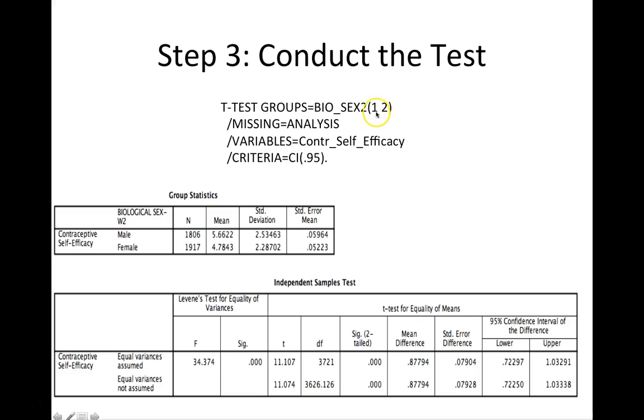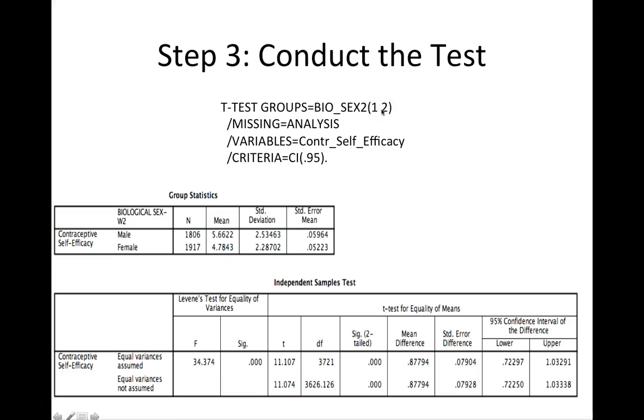In this case, males are 1, females are 2, so you just want to tell it that the groups that we're looking at are 1 and 2. And then we want to tell it what variable that is, and we're using a 95% confidence interval. This is all standard to the t-test, so really all you have to do is put in this outcome variable here and put in the independent variable and tell SPSS how it's coded.